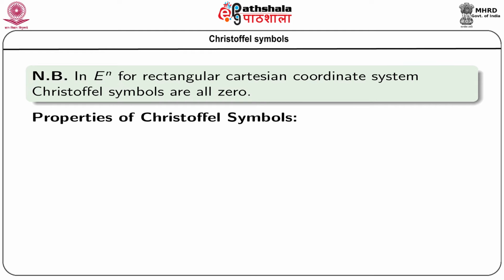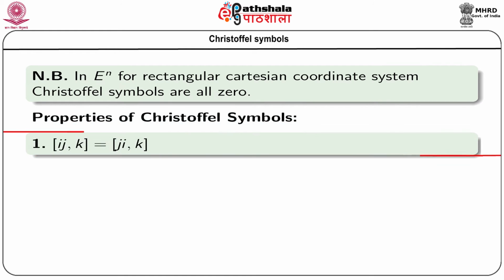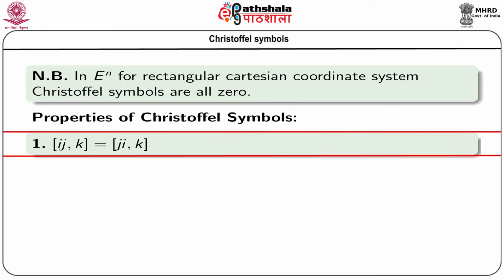Now, let us see the properties of Christoffel symbols. First one is for the Christoffel symbol of first kind, that is [ij, k] equals [ji, k]. So, it is symmetric with respect to the i, j index.